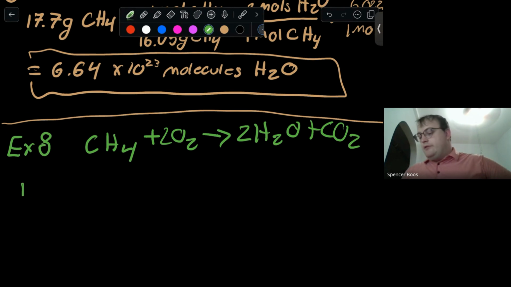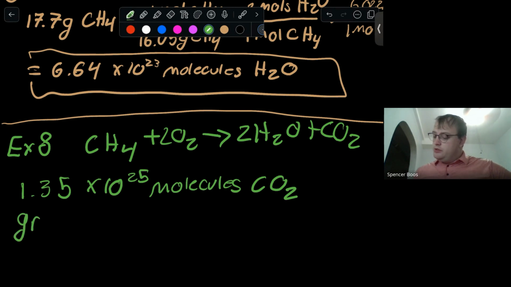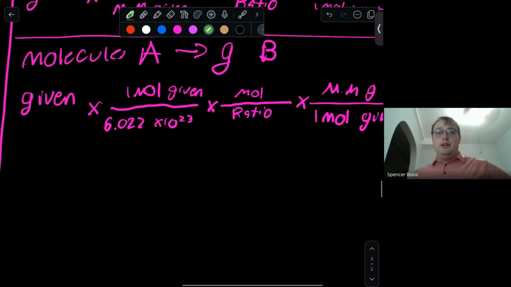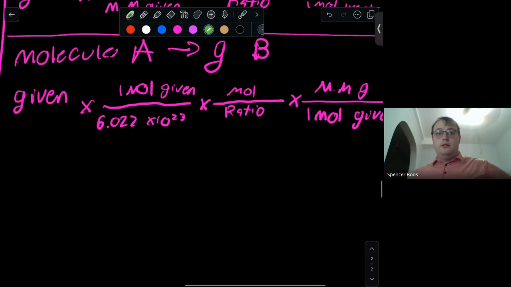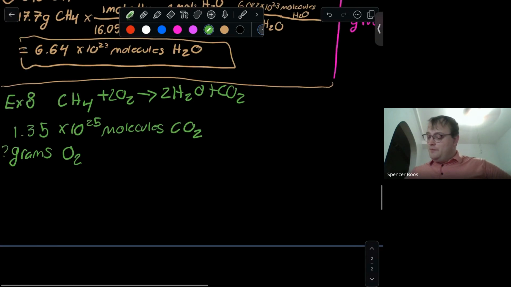Let's say I have 1.35 times 10 to the 25 molecules of CO2. And I want to go to grams of O2. So again, you're going to notice that we follow these same steps. So let's do it.